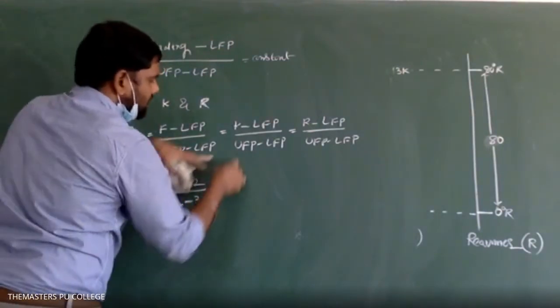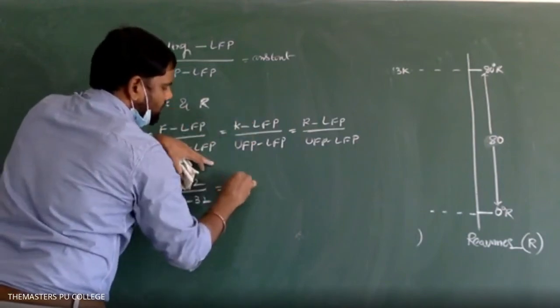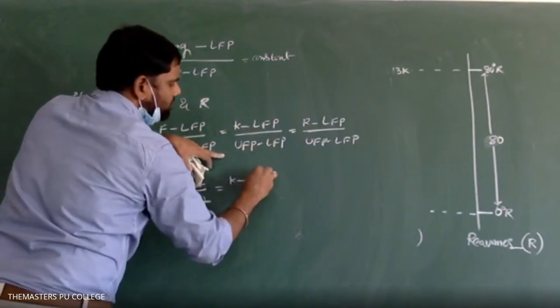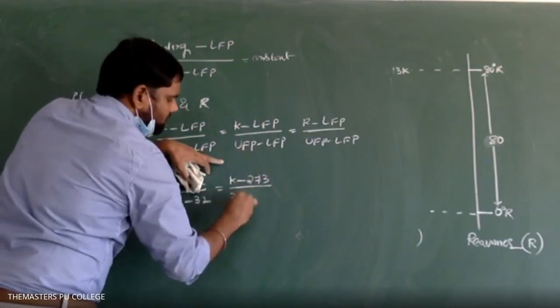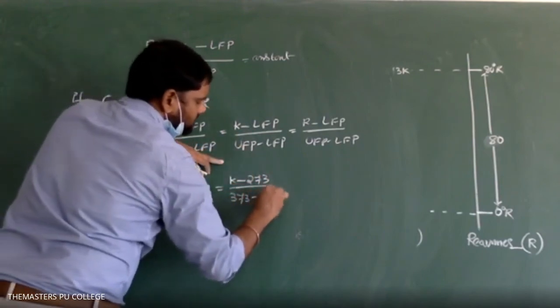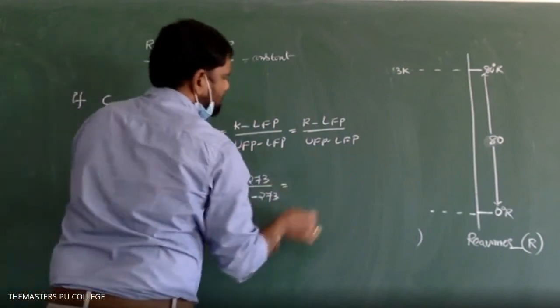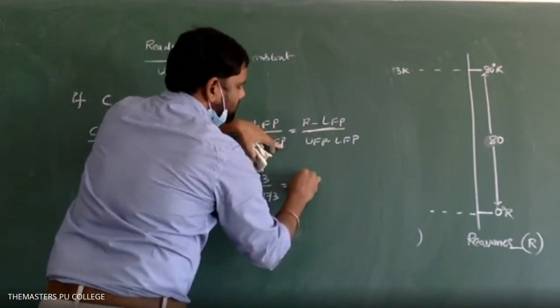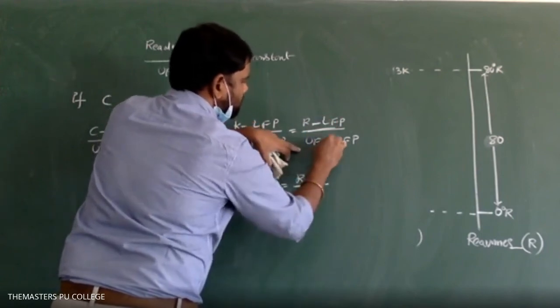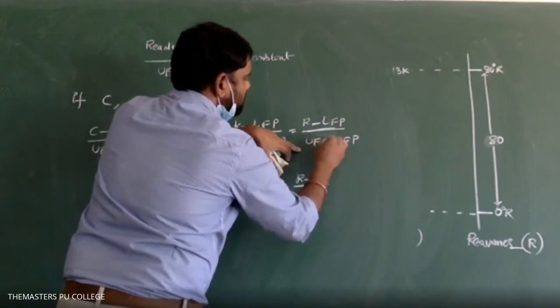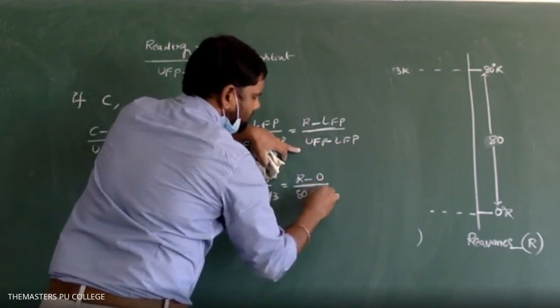On the Kelvin scale, K minus 273 divided by 373 minus 273. On the Reaumur scale, R minus 0 divided by 80 minus 0.